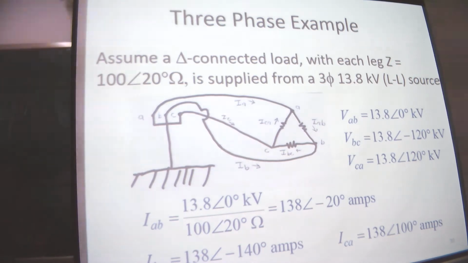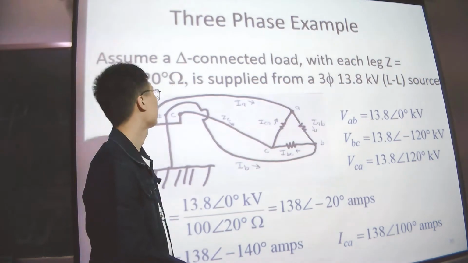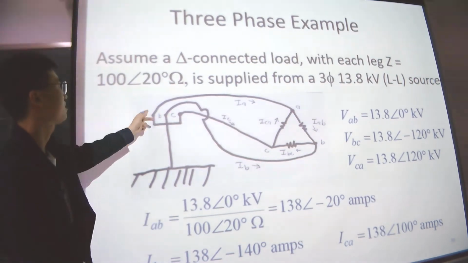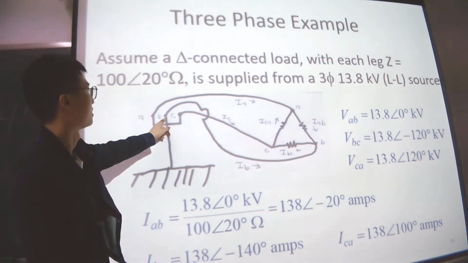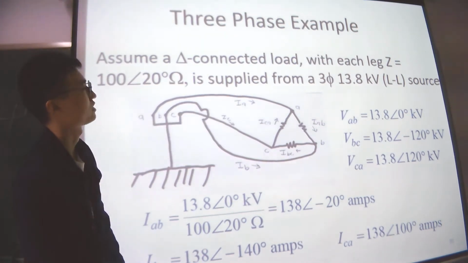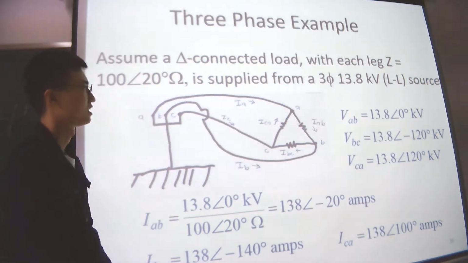So here is the same expression. This is the differentiation. Okay. So I can see, right? This is the impedance in here, and the source is 13.8 kilovolts, the source, right?